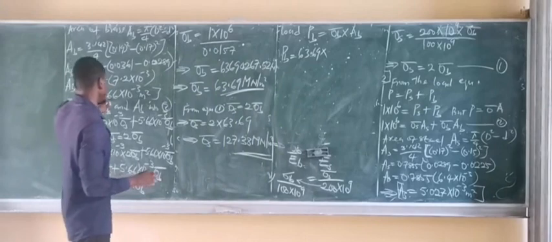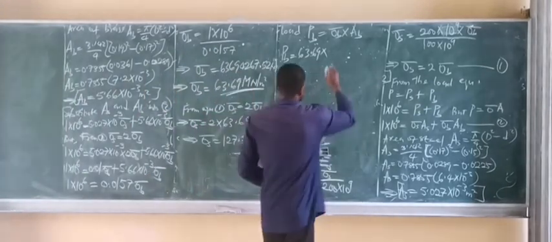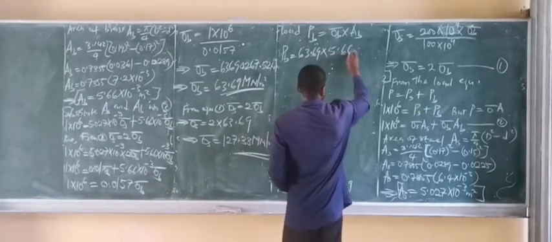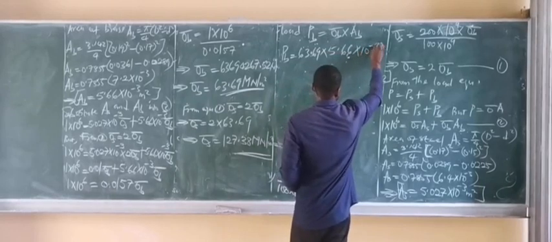The area of brass gave us 5.66 by 10 to the power minus 3.